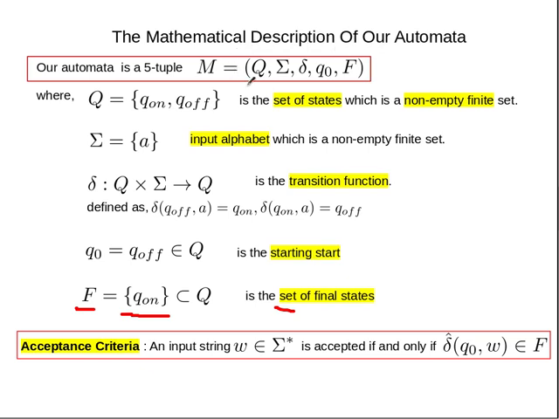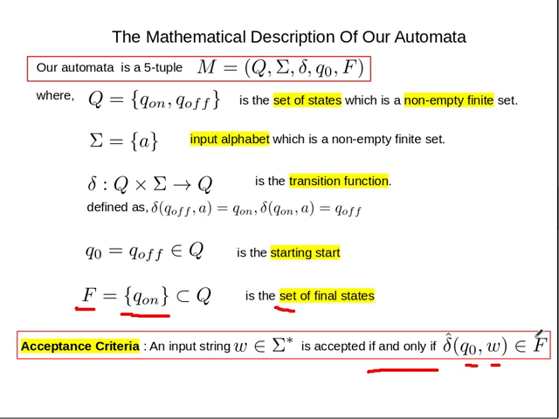and with this we set up this acceptance criteria: any string W over our input alphabet is accepted if and only if, starting from this Q0, which is the starting state, and processing this W, you end up in some final state.